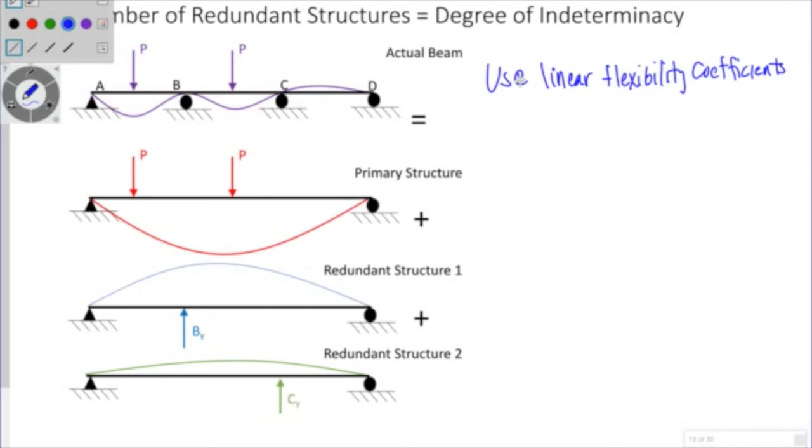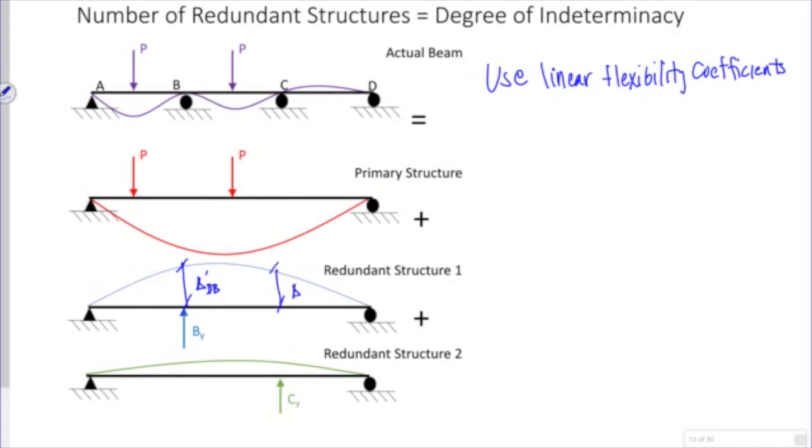If I look at the redundant structure 1, I have a deflection at B due to a force at B. It's equal to that flexibility coefficient with the same subscripts times that force By, because that's a flexibility per unit force.